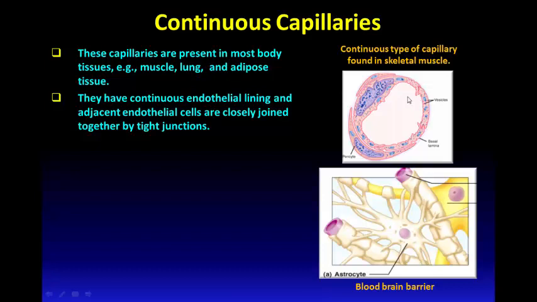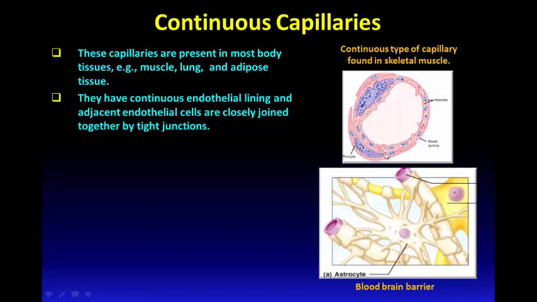Structurally, continuous capillaries have continuous endothelial lining, and the adjacent endothelial cells are closely joined together by tight junctions. So this is an endothelial cell, this is another endothelial cell, and this is an intercellular cleft or slit between these two adjacent endothelial cells, and these adjacent endothelial cells are closely joined together by tight junctions.